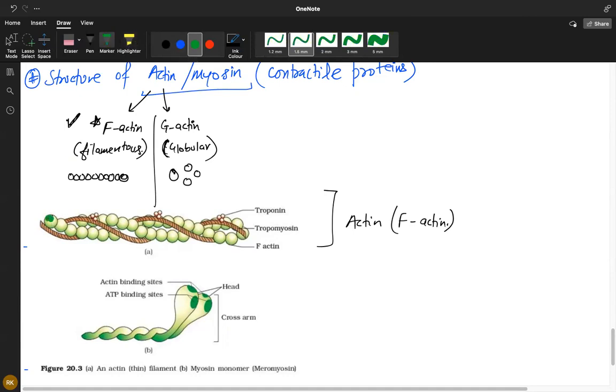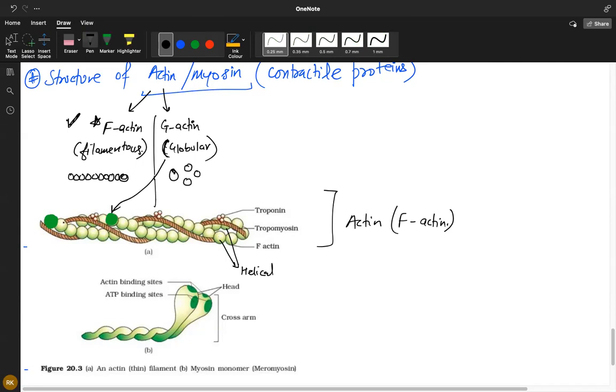Each ball here, which I'm highlighting, is a G-actin. When this G-actin comes together and makes a filament, this becomes an F-actin. Can you see there are two F-actins, one strand and a second strand? And they are wound together in a helical fashion.